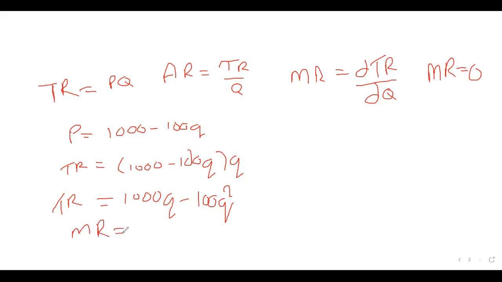By now, I'm sure most of you have attended my classes for differentiation. So how do we differentiate this? Our 1000Q becomes 1000. For 100Q squared, 2 times 100 is 200, then the power reduces by 1, so it will be 200Q.